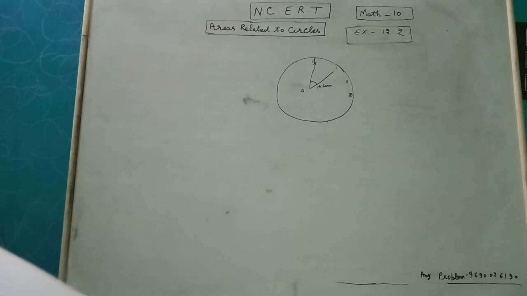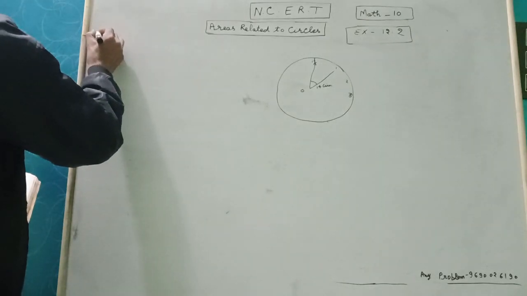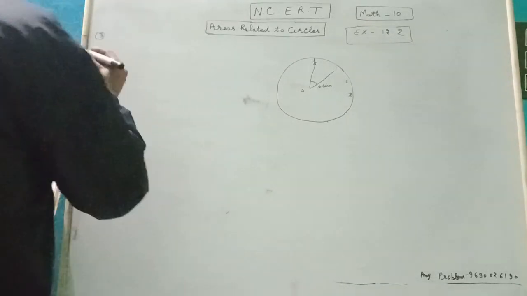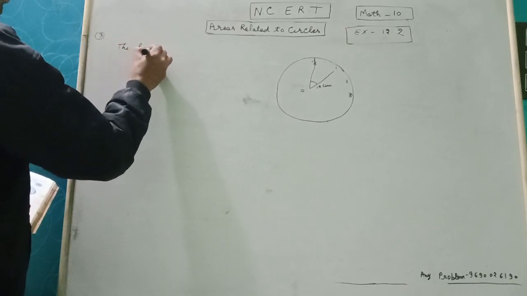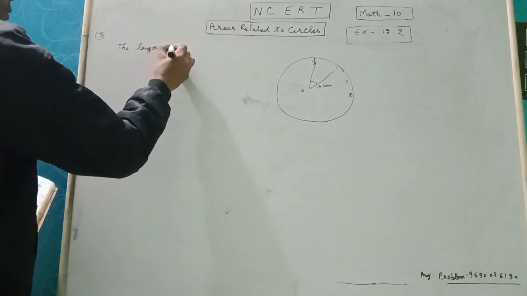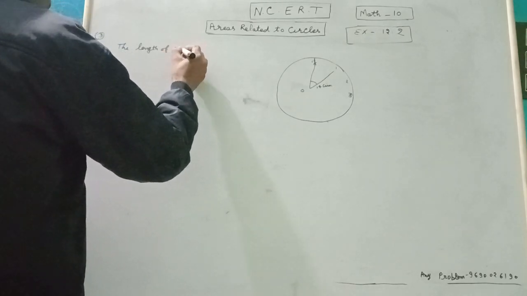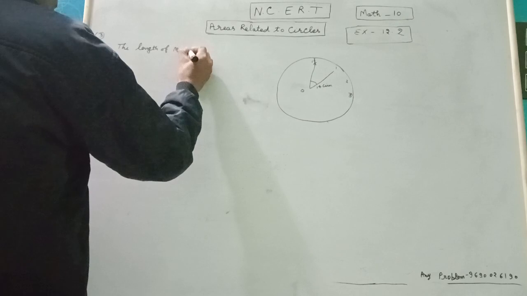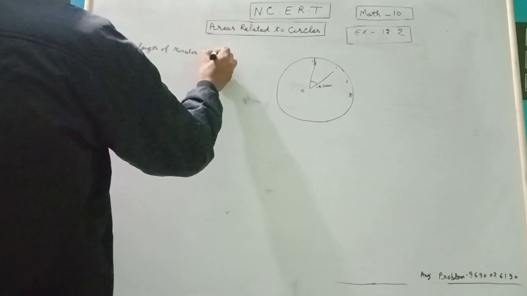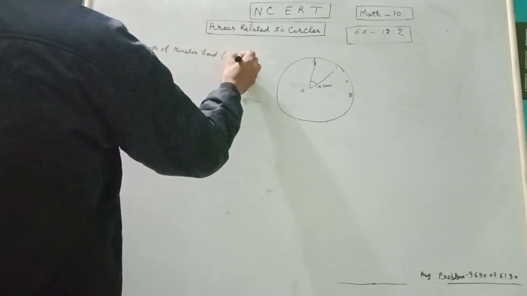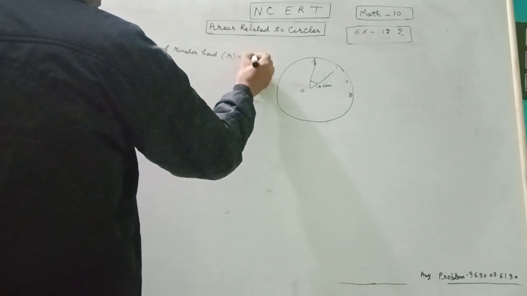Question number 3. Length of the minute hand is equal to the radius, which will be 14 cm.